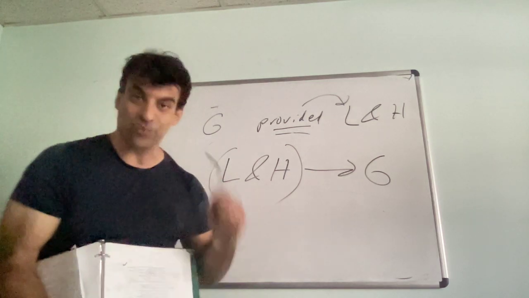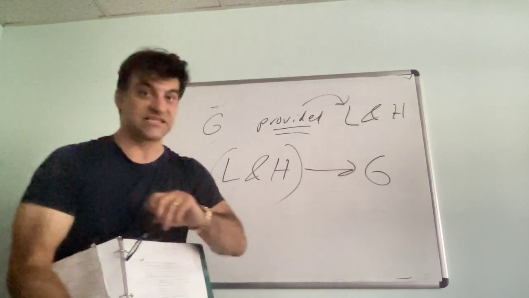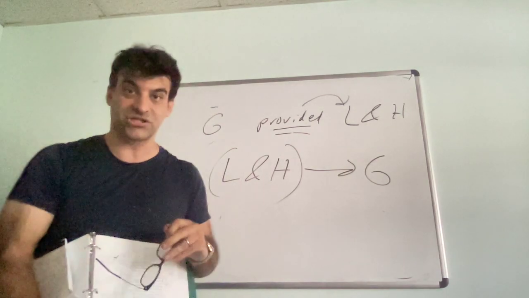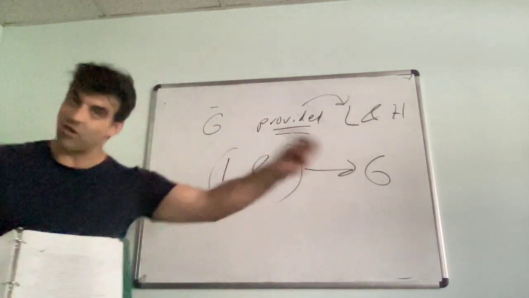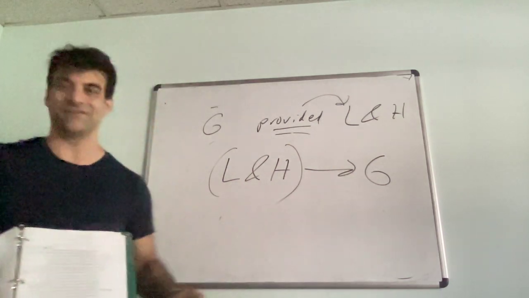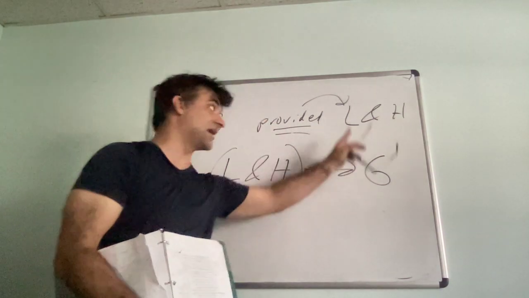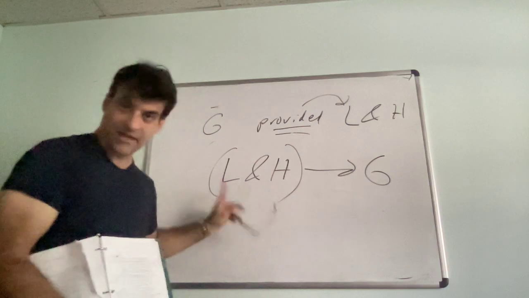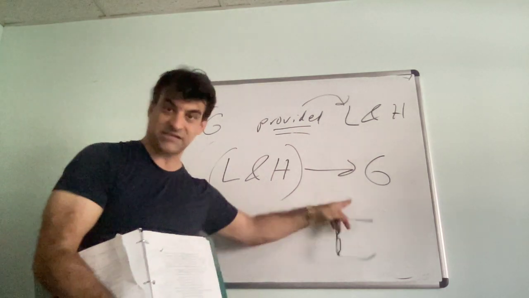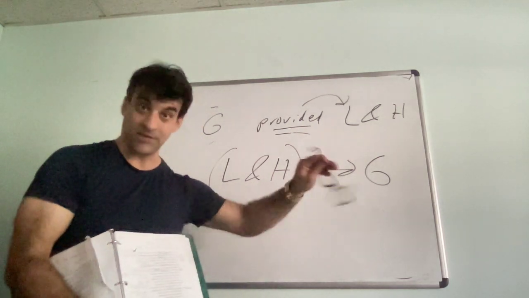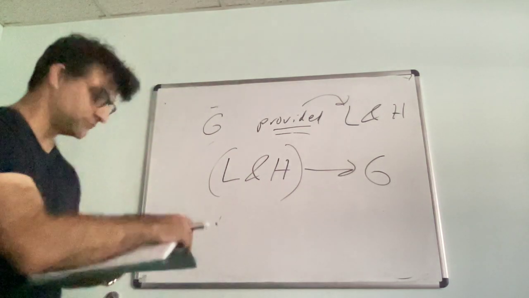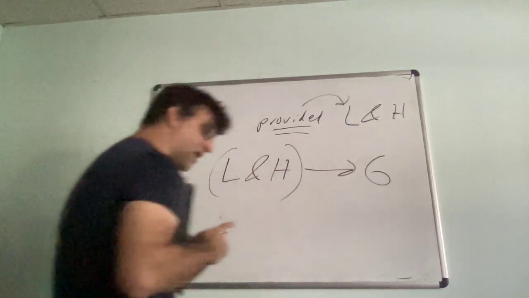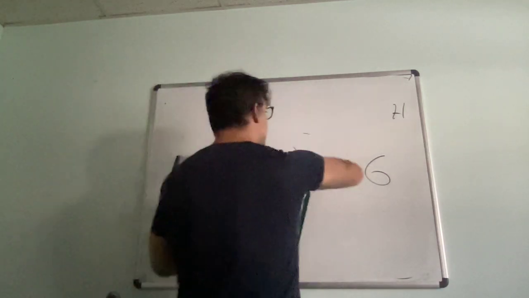Don't go by the word order for the arrow, because it's as easy as anything in English to put the antecedent second. There's no magic with it. Antecedent indicator. As long as I do this, I graduate. Provided, wherever it shows up in the sentence, is an antecedent indicator.